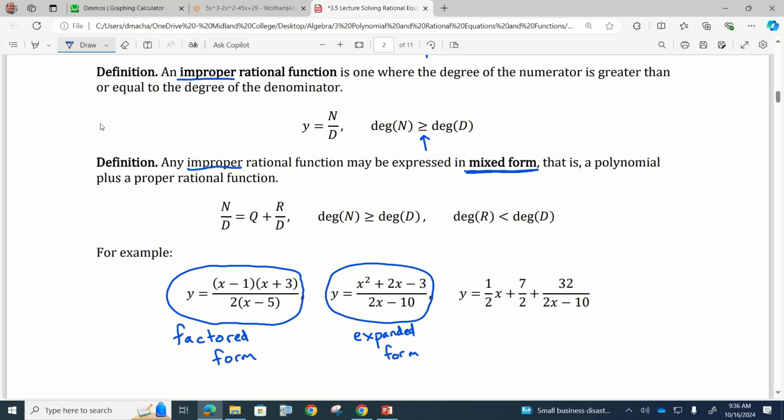And here is exactly the same function written down in a mixed form. Are there any questions about that so far? Just a little bit of review.